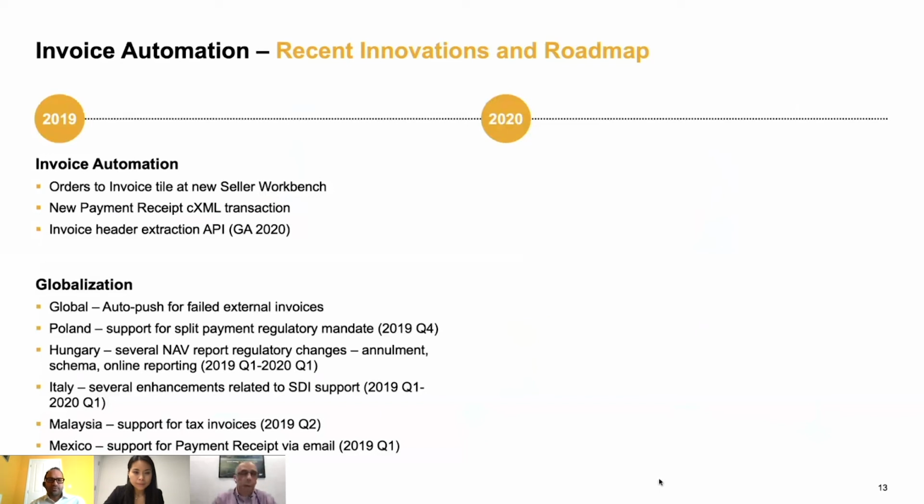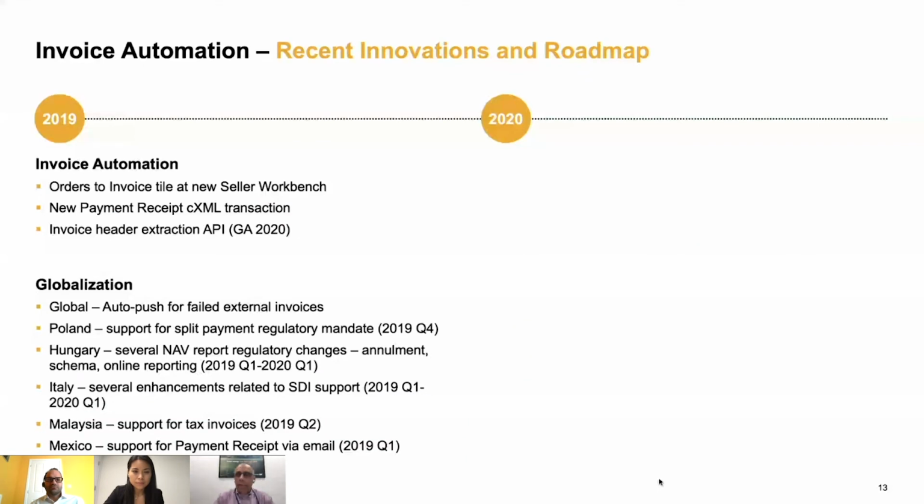That was a big success for us. We were one of the first companies in the world that were able to address that on day one. Okay, so we continued. The government in Italy continued to make changes, and we continue to address those changes throughout our solution throughout 2019. In Malaysia, we did some support for the changes in regulations, as well as in Mexico.